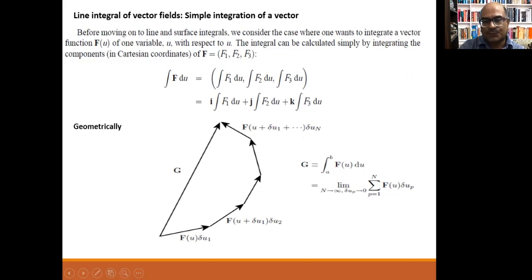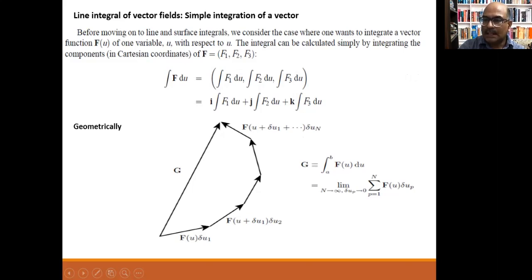the integral from a to b of f(u) du, because this is the curve given by our function f, but this f can be considered as a collection of an infinite number of straight lines, and the length of the straight line is this del u.